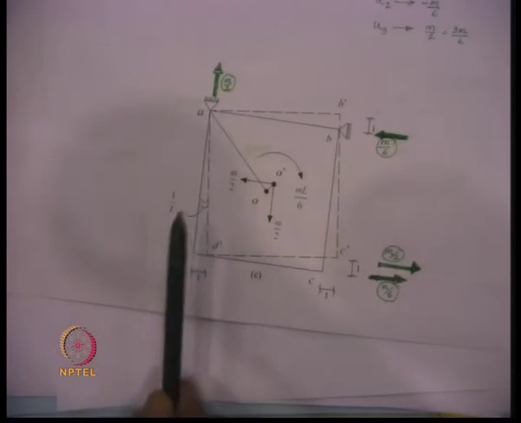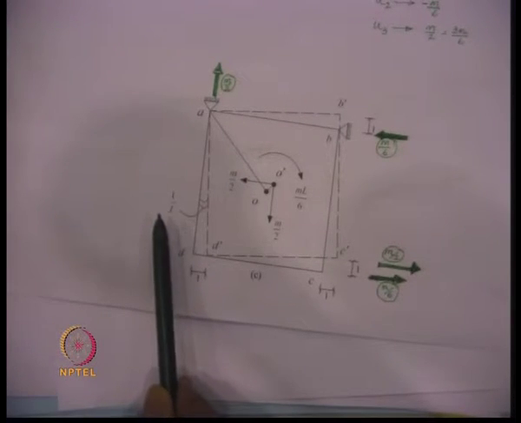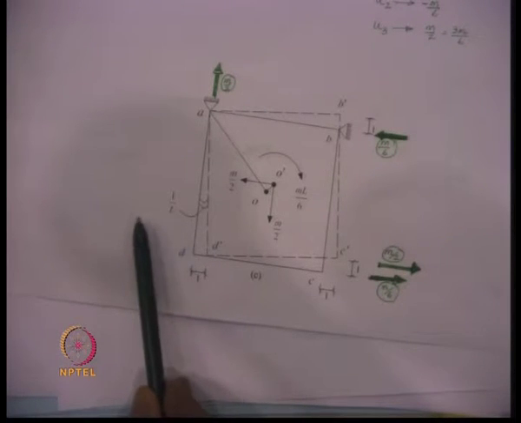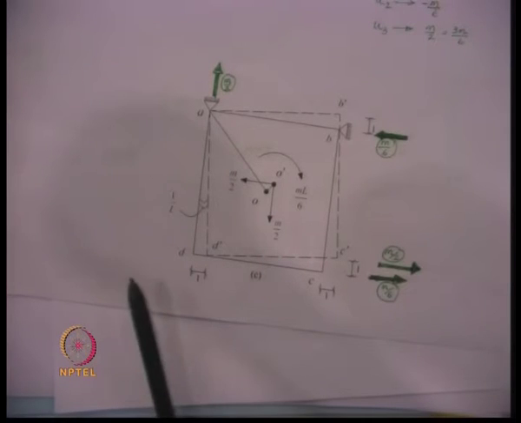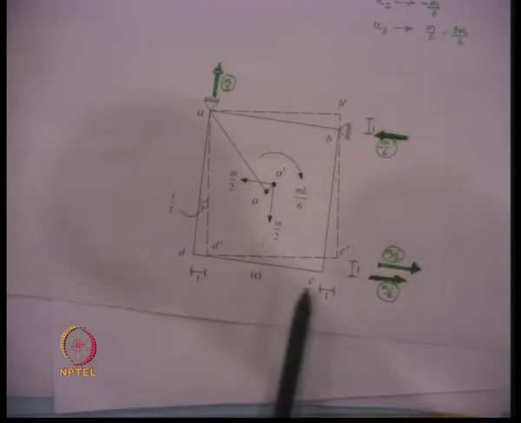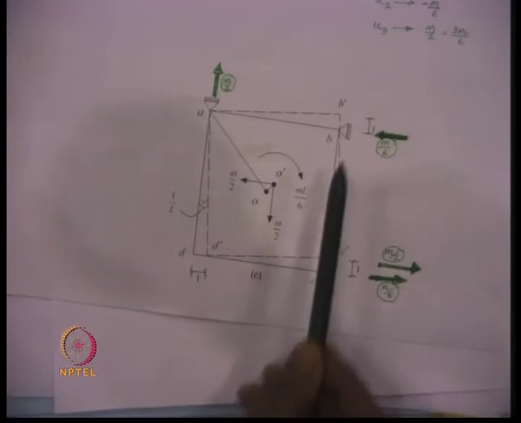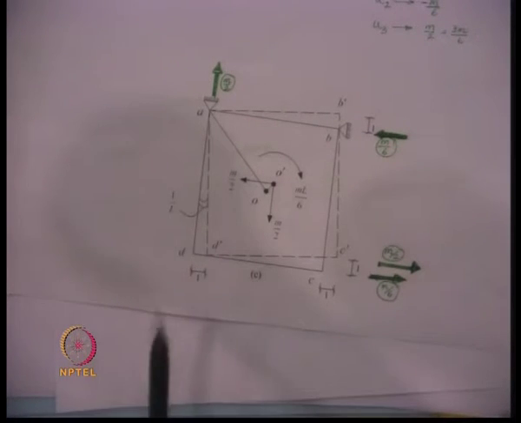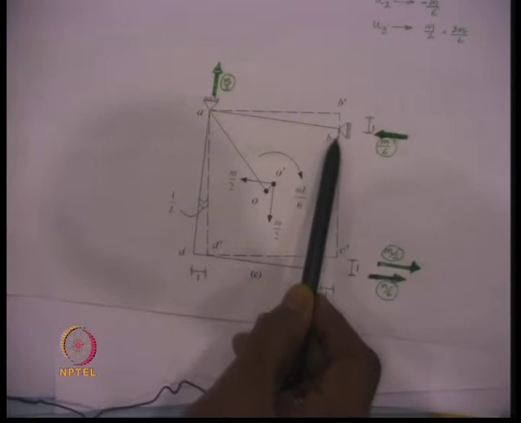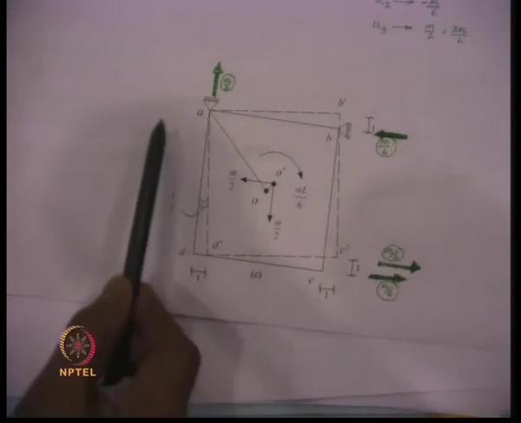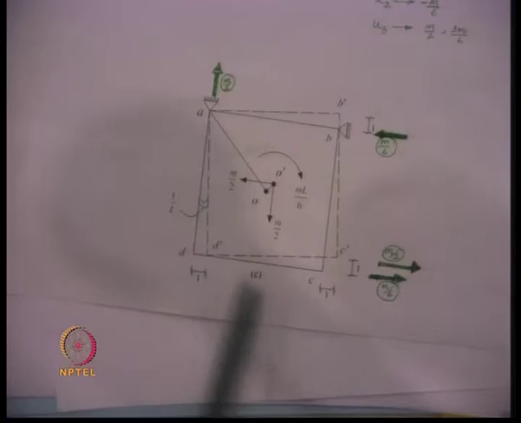So, by definition, if I wish to find out the stiffness matrix or the inertia force corresponding to the given acceleration, then we release one of the degrees of freedom, keeping the other 2 locked. So, here this degree of freedom is locked and this degree of freedom is locked.